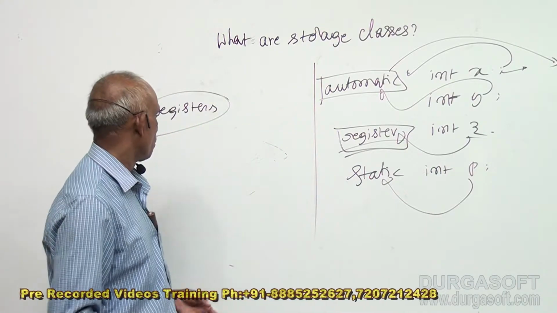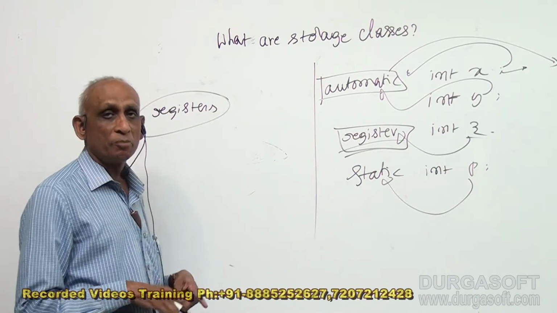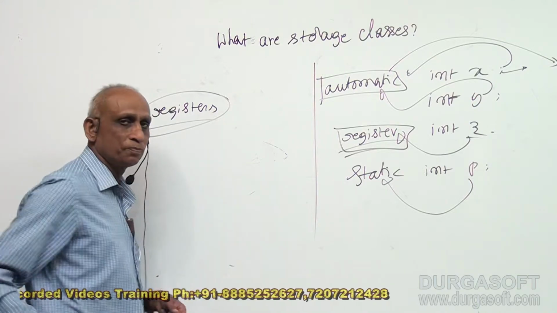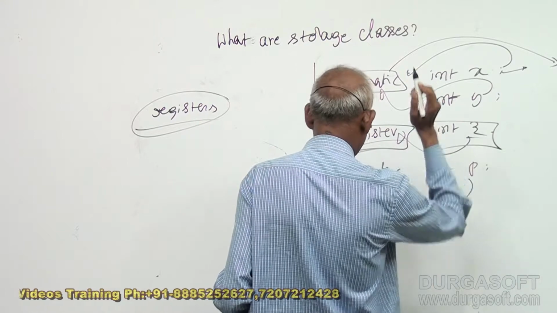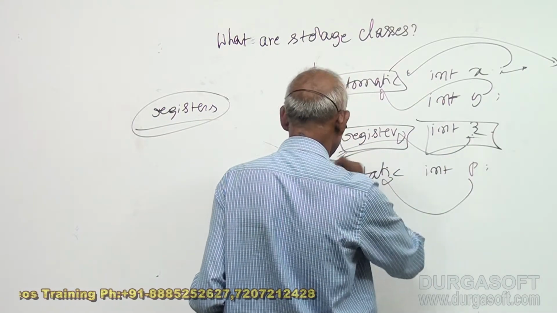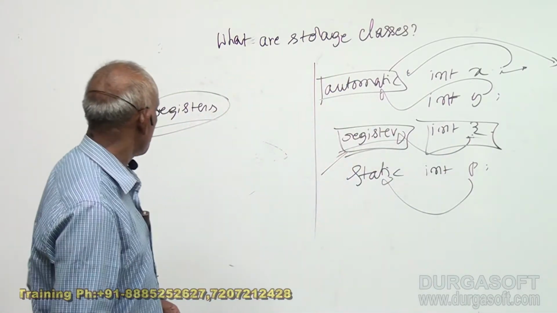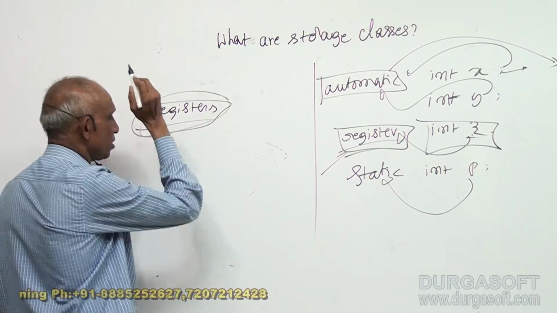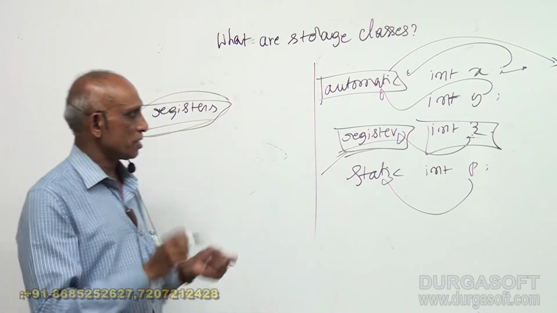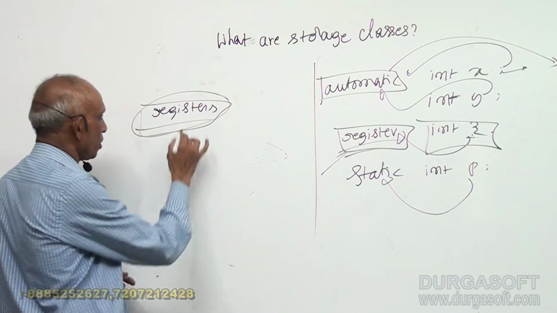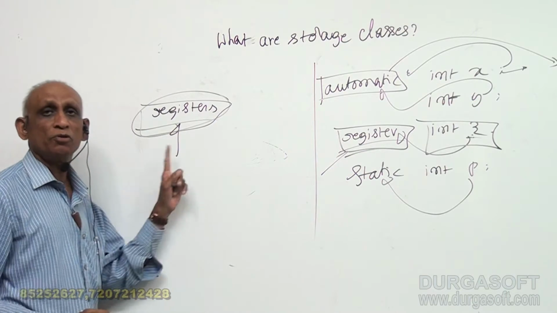The memory on the CPU is called registers. So if you declare a variable as register, for example z, then that variable is stored in one of the CPU registers.